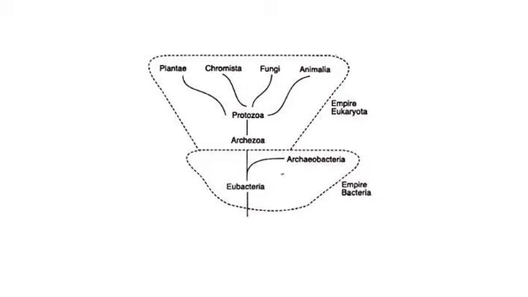In this classification, the life forms are divided into 8 kingdoms: Plantae, Chromista, Fungi, Animalia, Protozoa, Archaeozoa, Eubacteria, and Archaebacteria.